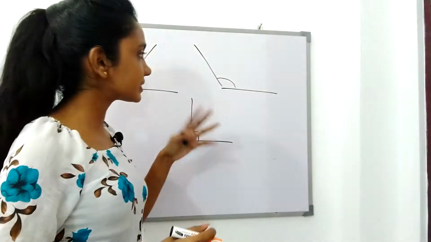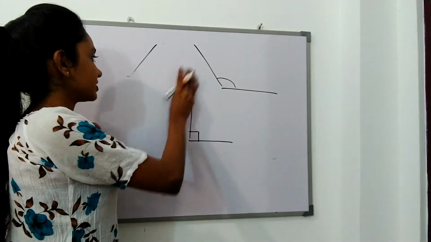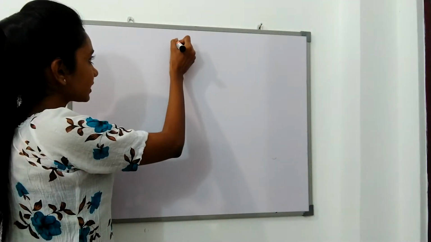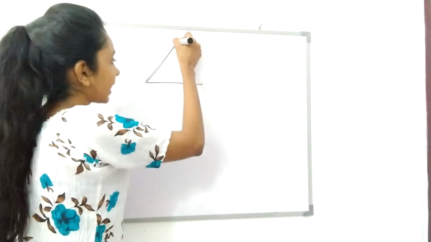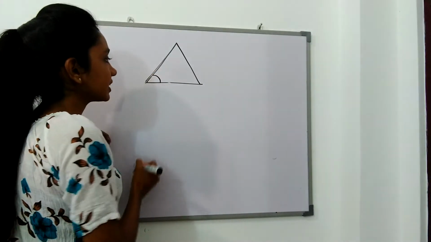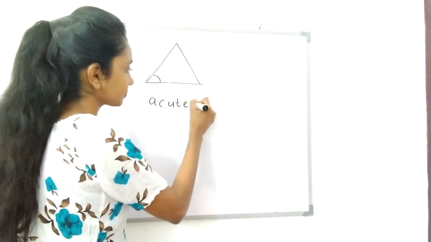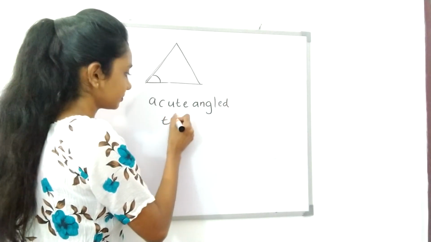Including these types of angles, we can form triangles. Triangles mean plane figures with three sides. If we take a triangle with an acute angle, it is an acute angle triangle.